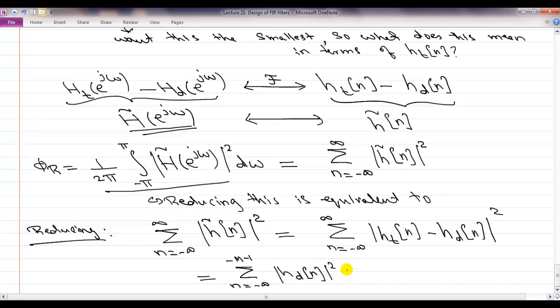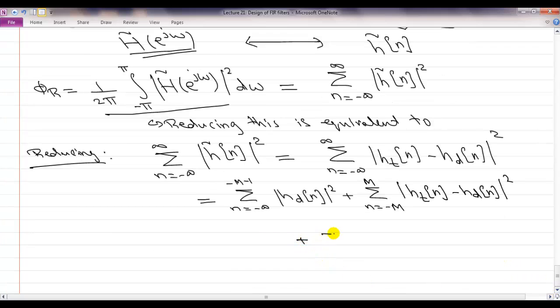That's the first piece, because in that range ht of n is 0, plus summation n from minus m to m ht of n minus hd of n absolute squared, plus the third piece, which is n from m plus 1 to infinity hd of n squared.